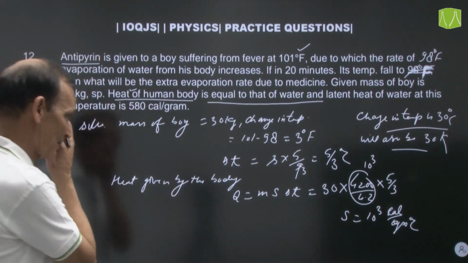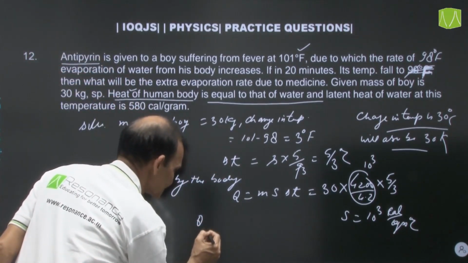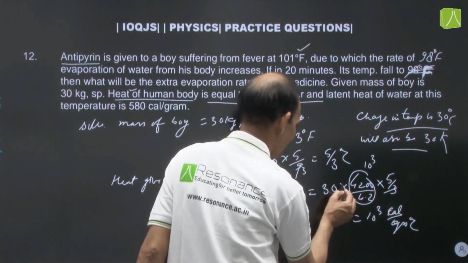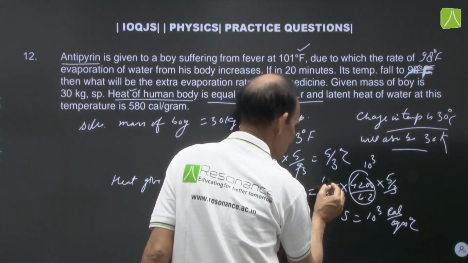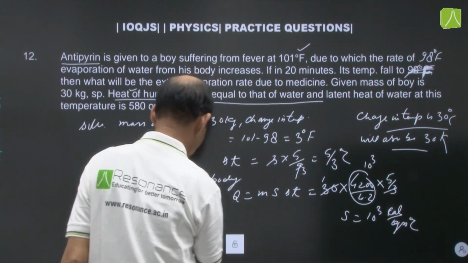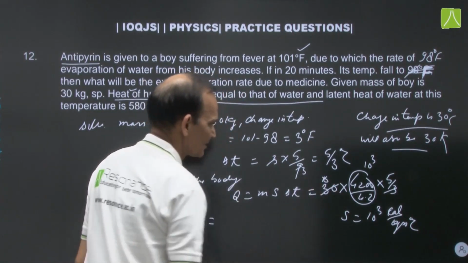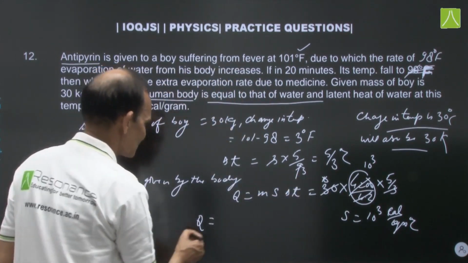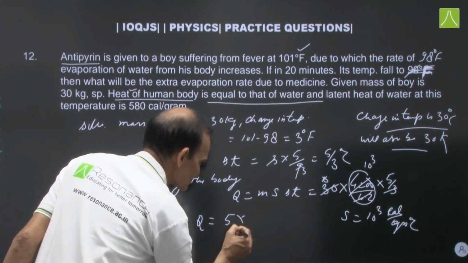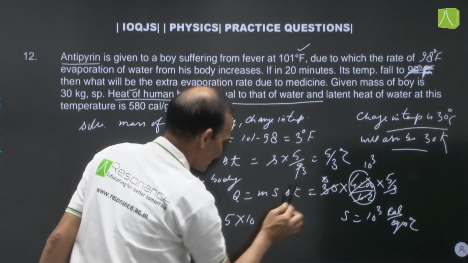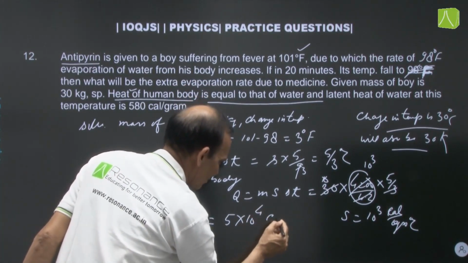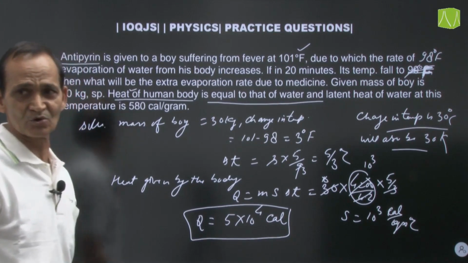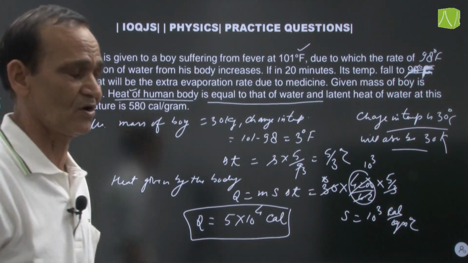So what is the Q? 3 cancels, that is 10 raised to the power 4, it's cancel 3, that is 5 into 10 raised to the power 4 calorie.